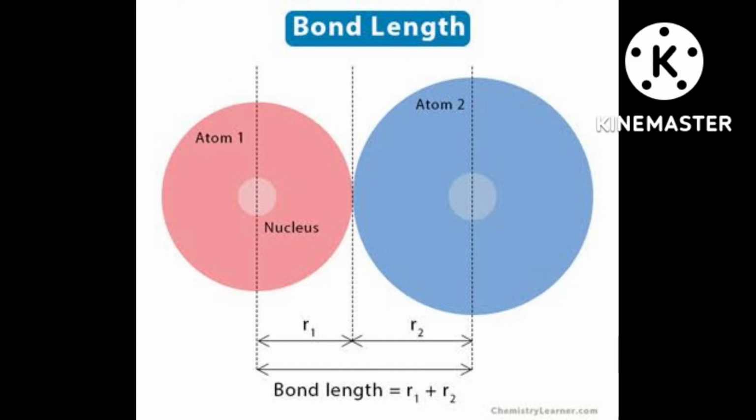The gap should be very large, then only you can tell it is in vapor state. Obviously 1 mole NaCl will give 1 mole Na plus ion and 1 mole Cl minus ion.